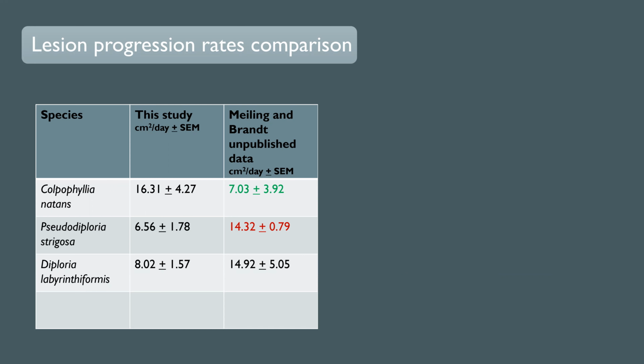And as you can see, the lesion progression rates between this study, which is in the field in the USVI, and the study by my advisor and I from a lab-based transmission experiment, there isn't a consistent increase or decrease in the lesion progression rate between the two studies.